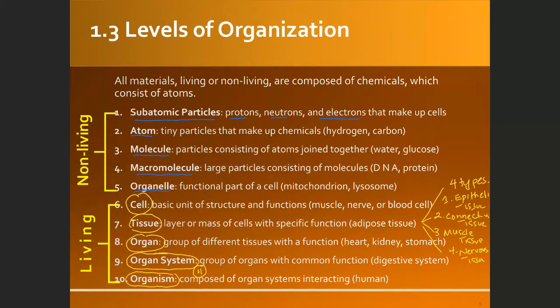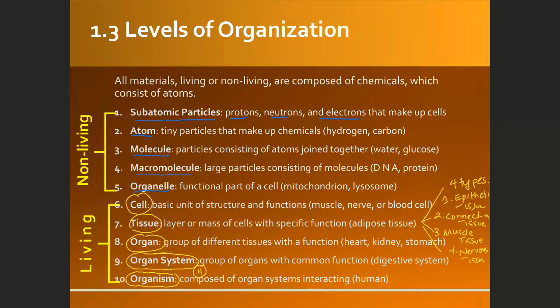So each of us is an organism that consists of 11 organ systems that consist of many organs, thousands of organs, and then each organ consists of maybe two, three, four types of tissues, and each tissue consists of many cells, sometimes 100,000 or even a million cells that make up one type of tissue.